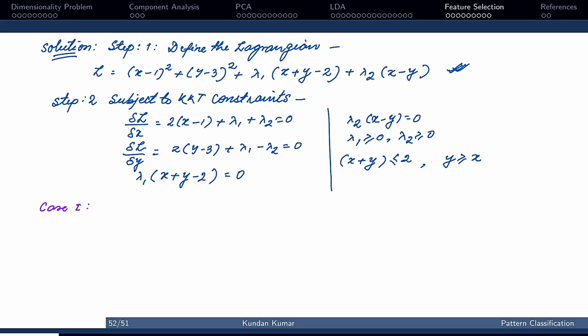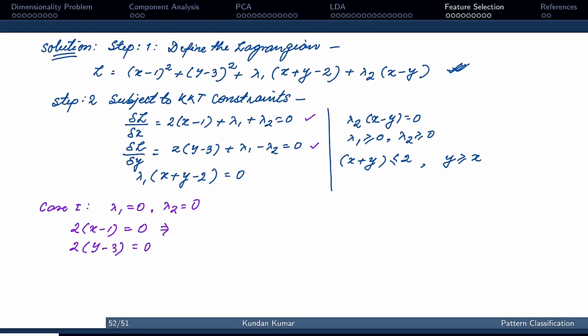In case 1, we are considering lambda 1 equal to 0 and lambda 2 is also equal to 0. Then if we put this in the first constraint and in the second constraint, we will obtain our equations as 2x minus 1 equal to 0 and 2y minus 3 equal to 0.